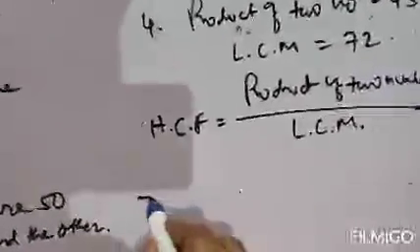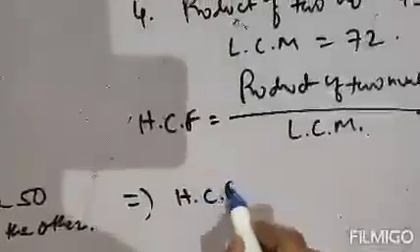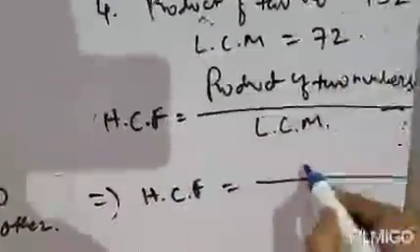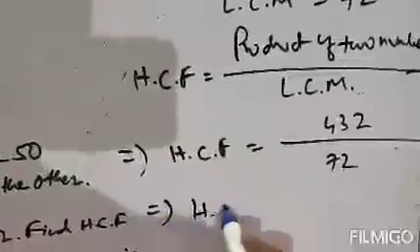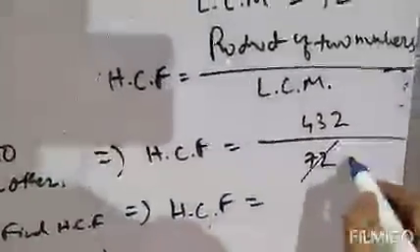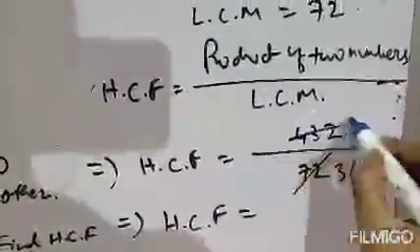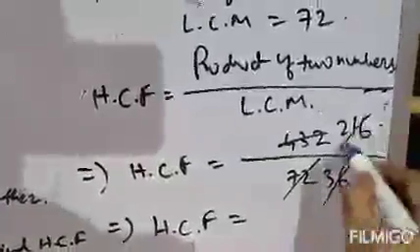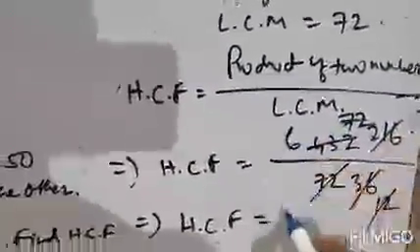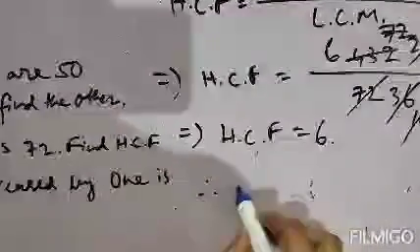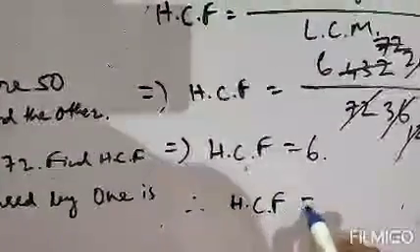Clear? Therefore, HCF equals product of two numbers, given as 432, and LCM given as 72. Therefore, HCF equals, just reduce, HCF is 6. Therefore, HCF equals 6. This is your answer.